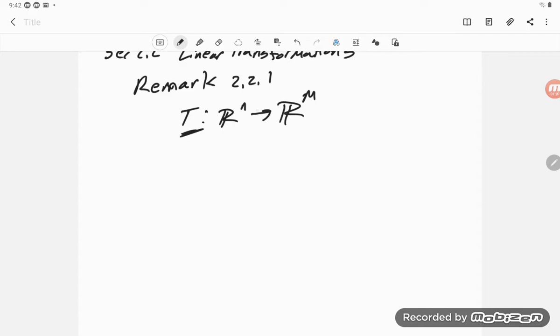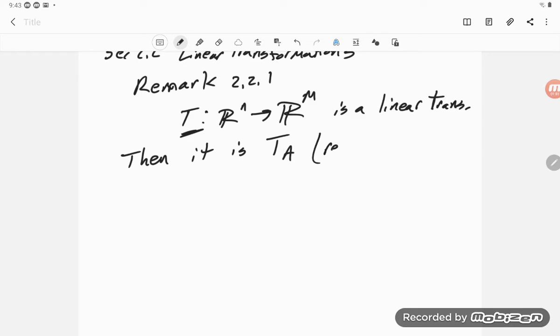And they say, if this is a linear transformation, then actually it can be represented, then it is TA, so in other words, represented by a matrix.